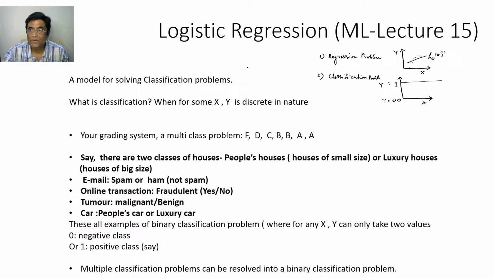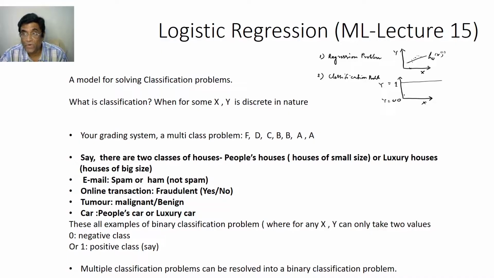Based on size, we can define a classification problem where for each x, up to 800 square feet, everything belongs to the people's house class, and beyond 800 square feet everything belongs to the luxury house class. So this is essentially a classification problem where x is continuous and y is discrete.